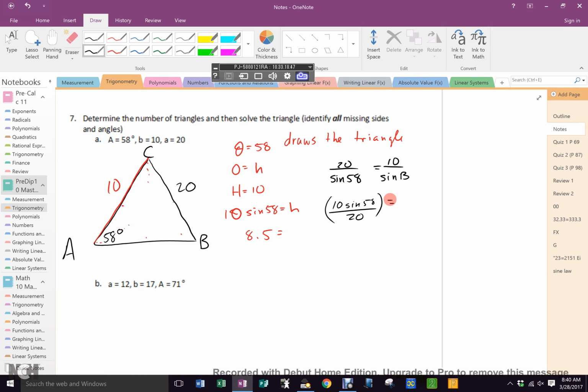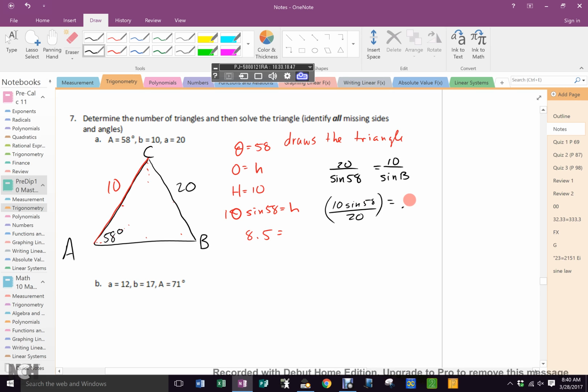Is this calculator 10? Do I give you bonus points for being able to do it all in your calculator in one go? No, of course not. So if you can't do it all in one go, don't feel bad about it. If you got to take 2 steps, take 2 steps. Because this is going to give you a decimal, isn't it? 10 times sine 58 divided by 20.